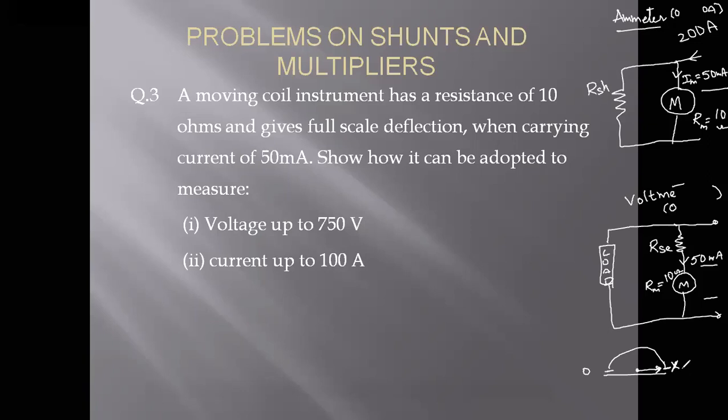And then we want to use this meter as an ammeter and as a voltmeter. So let us see for voltmeter purpose, the range is from 0 to 750 volts. So that means capital Z value is 750. Let us get into the solution. It is same as the previous one.